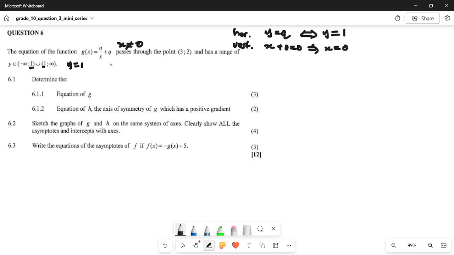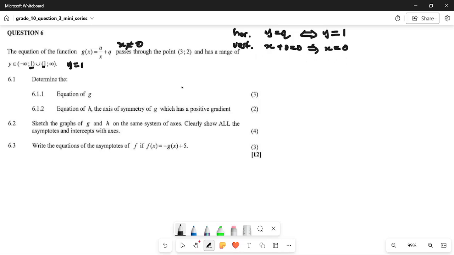With our vertical asymptote, I just went straight ahead and said x plus 0 because we are not given any other information. We are not given a restriction like this one, whereby we are told that x is an element of this and that. So I just assume that this gives us our vertical asymptote.